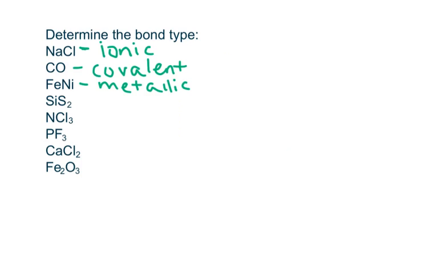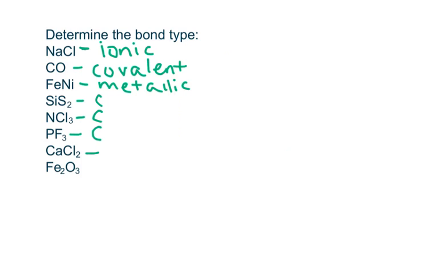SiS2, well, S is a nonmetal, but Si is a metalloid. However, metalloids will act like nonmetals when they bond, so this is a covalent compound. NCl3, they're both nonmetals, so covalent. Same thing with PF3, they're both nonmetals.